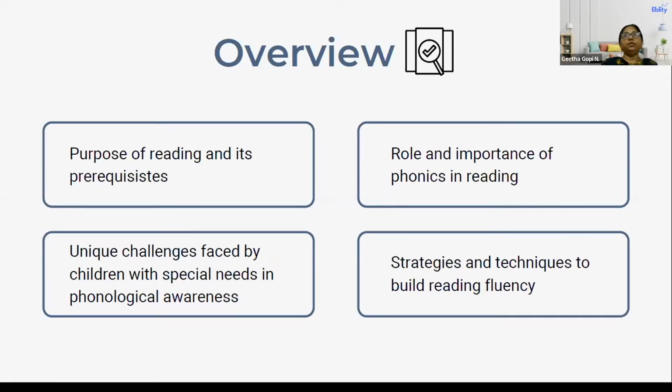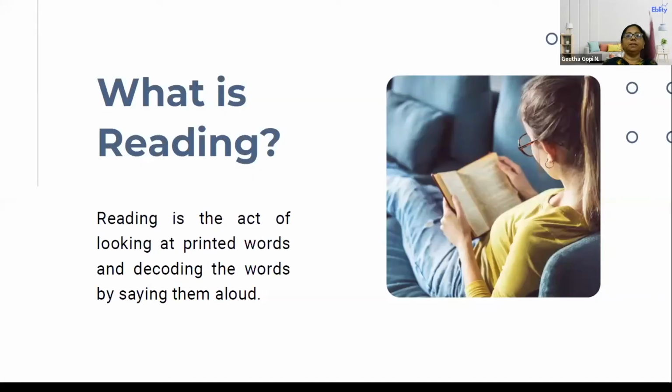Again, the specific challenges that children with special needs face in all these areas, in building phonological awareness, in building reading fluency, in sight word recognition, etc. And we'll discuss the different strategies, techniques, and activities that can help us promote these kinds of skills in children so that they are not left behind and they can have better academic output or performance in their schooling years.